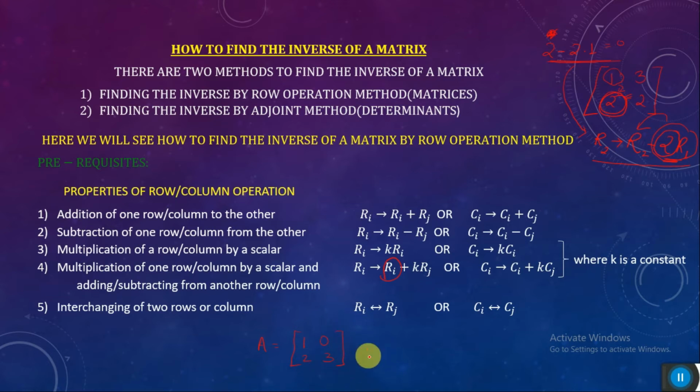You can do this: row 1 interchanging with row 2. Clear? So this will become 2, 3 and 1, 0. This is how they interchange each other. So these are the 5 operations which you need to learn by heart in order to find the inverse of a matrix by the row operation method.